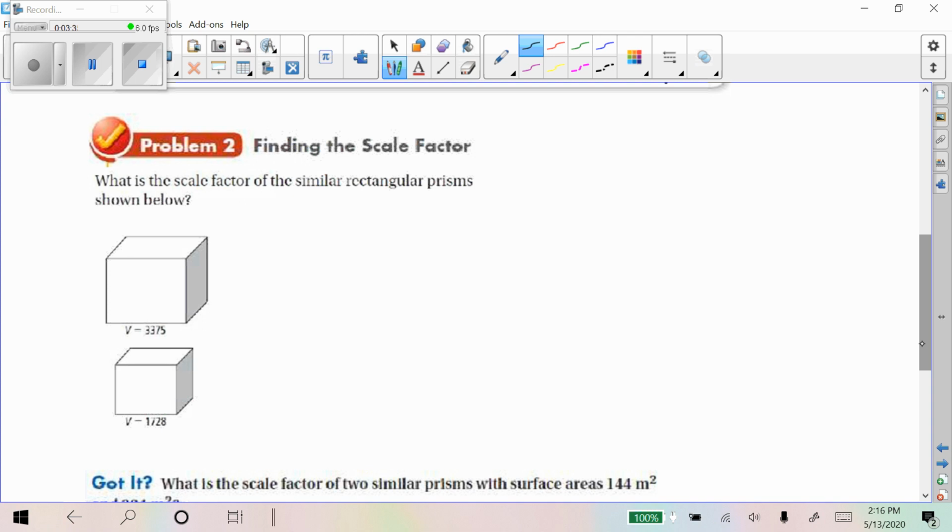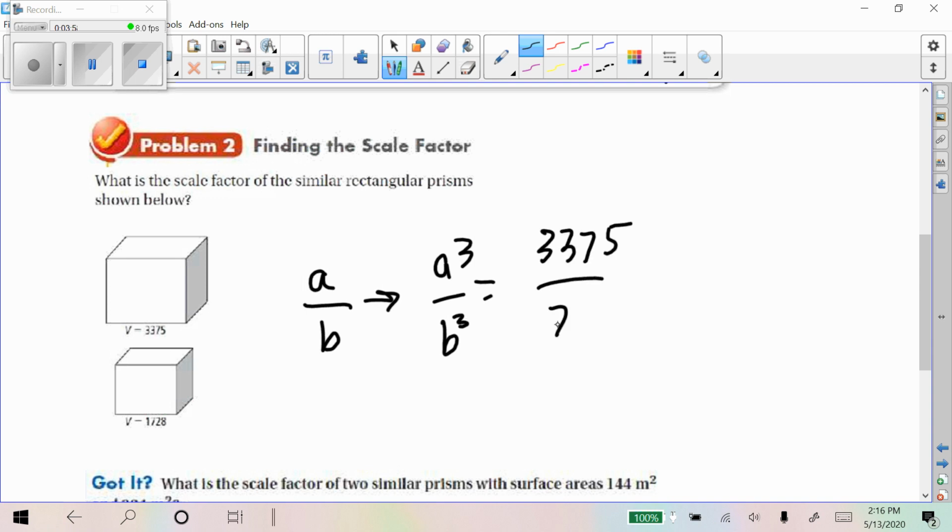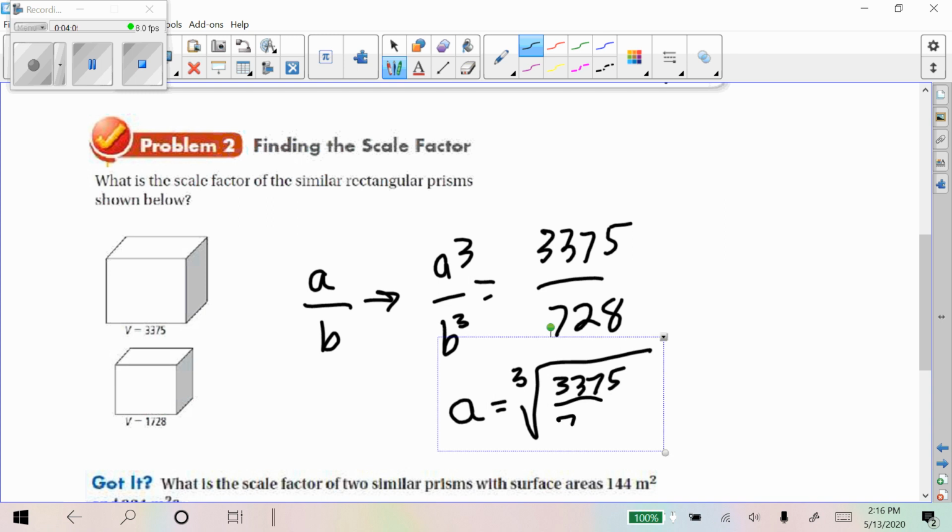All right. So here we're given two volumes and we want to turn that into the scale factor. Well, if our scale factor is A to B, then our volume factor is A cubed to B cubed. And that's equal to 3375 over 1728. So A to B would equal the cube root of that. And hopefully those are perfect cubes.